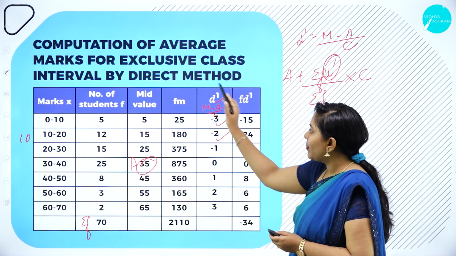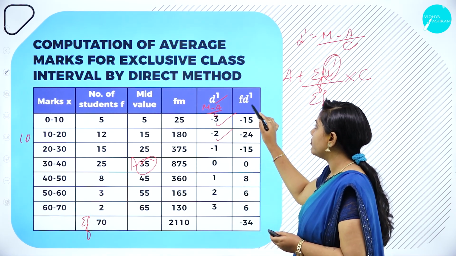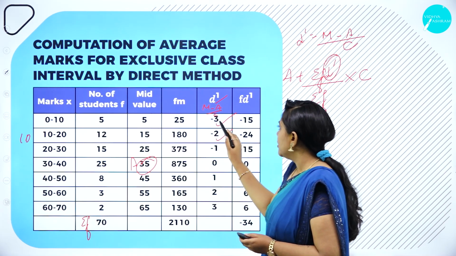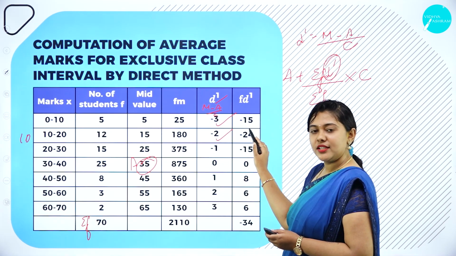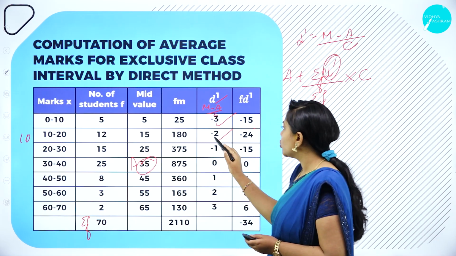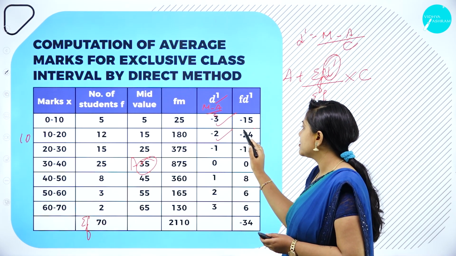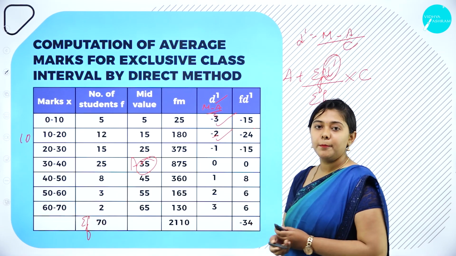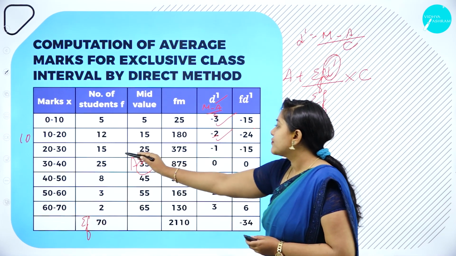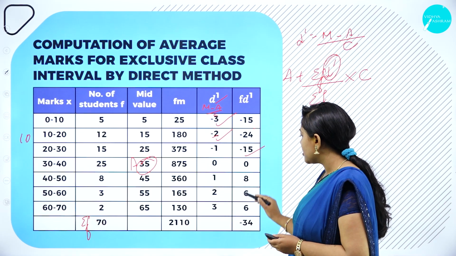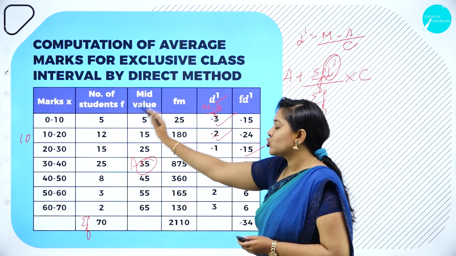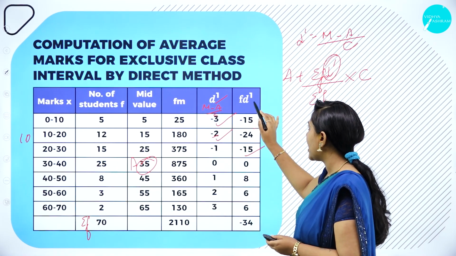If you multiply with F, you will get FD dash. 5 3s are 15, minus 15. 12 2s are 24, minus is the sign here, so we put minus 24. 15 1s are 15.